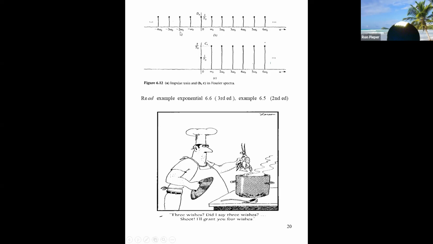Not that they exist in the laboratory, but from a mathematical viewpoint, they're useful. The compact Fourier series here only shows the lines on the positive side, not to confuse you, but for the compact Fourier, the n values are strictly greater than or equal to 0, so we don't even bring up the issue of negative frequencies. Both of them have the same D0 and C0.